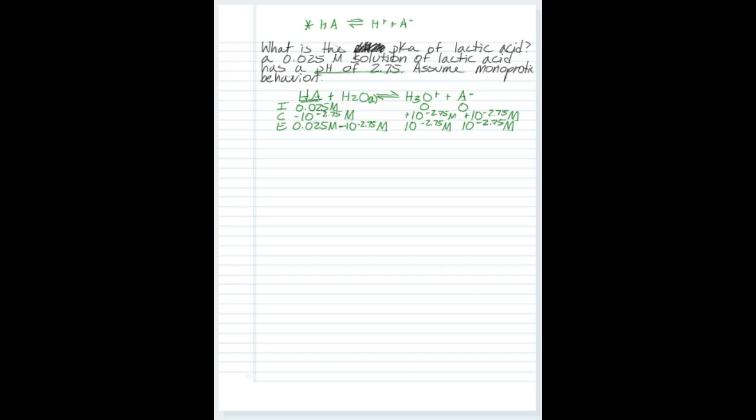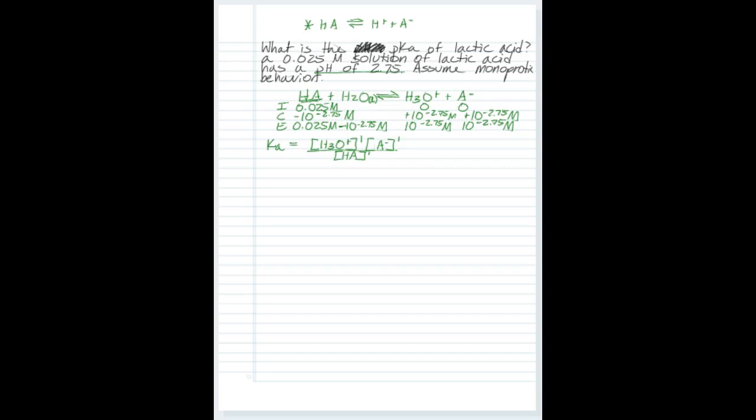So now I have enough information to calculate my Ka. My Ka is equal to the concentrations of my products raised to their stoichiometric values, over the concentration of my reactant. And again, I'm leaving water out because it's a pure liquid.